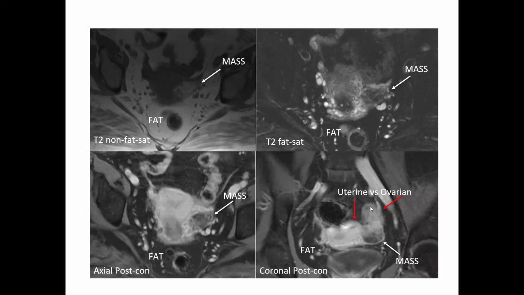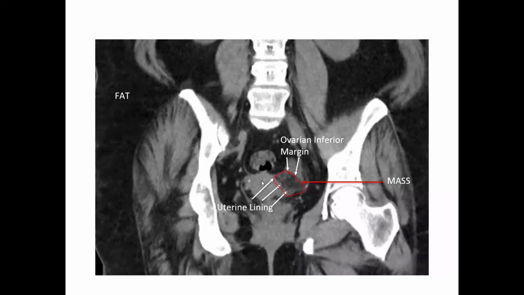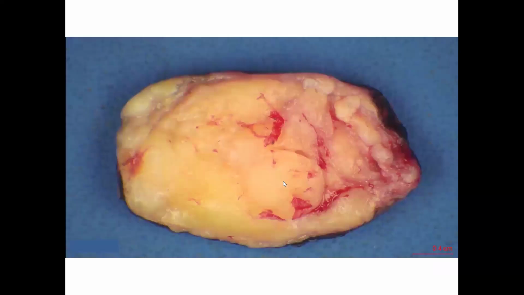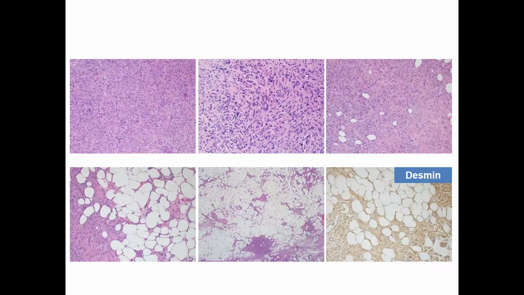When you get that history or you read that in the radiology MRI report, again, your antenna goes up and the bulb goes off. You say, well, I know what I'm going to have. This looks like a lipoma, honestly. I mean, this looks like a lipoma, but it was attached to the uterus. So what am I going to call it?